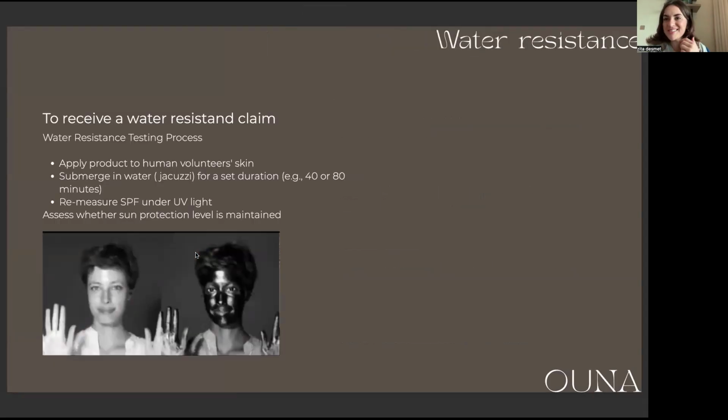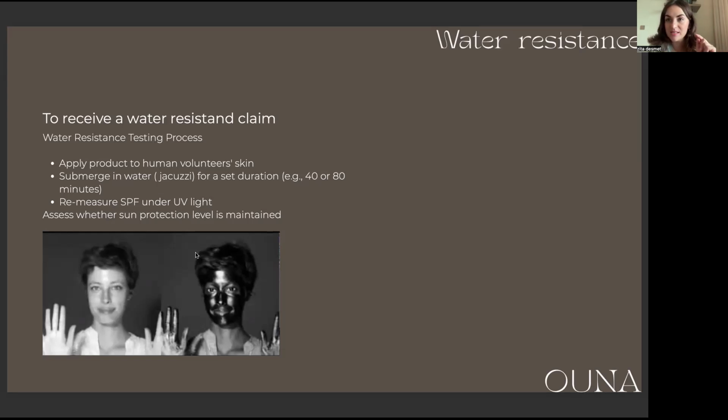And what does water resistant mean? Because a lot of sunscreens have water resistance as well. But to receive that claim, and that actually is something very important to know, it's a very intense procedure, as it's always tested on human volunteers to sit in a jacuzzi or to submerge in water for a set amount of time, like 40 minutes or 80 minutes.